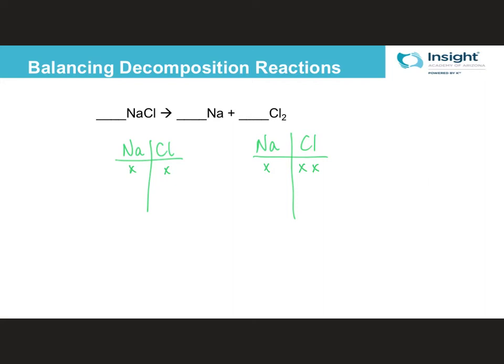To fix our chlorines, I'm going to put a coefficient 2 out front. I am not allowed to change the formulas. All I can do is say that I need to put in 2 salts, 2 sodium chlorides. That will fix my chlorine issue, but that's also going to double my sodiums in the reactants. But now chlorines are balanced.